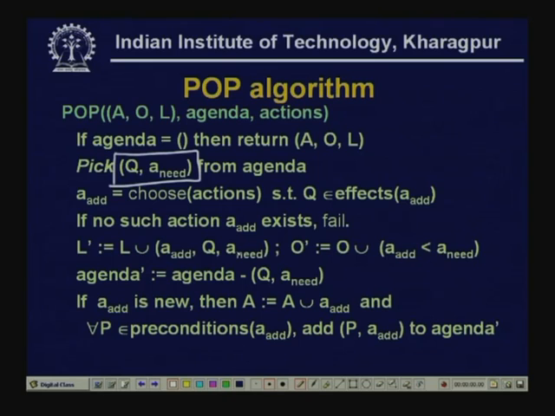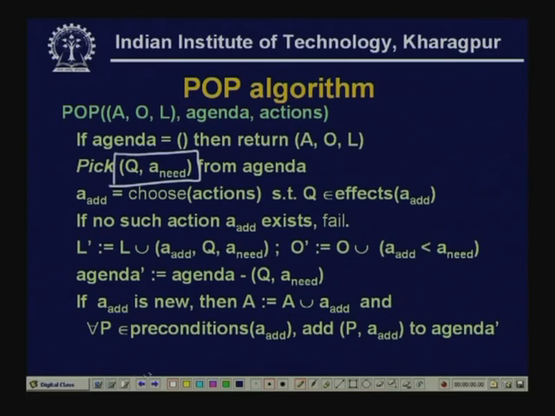Otherwise, we put L prime equal to L union A add, Q, A need. A add is the current step, Q is what A add achieves and A need is what Q needs.